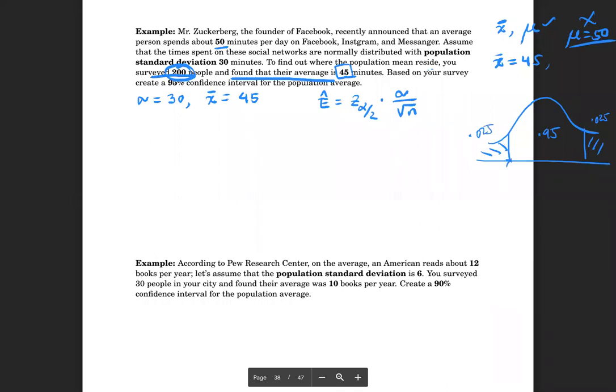This is going to be negative 1.96, and this is going to be positive 1.96. This is Z sub 0.025, or Z sub alpha over 2.